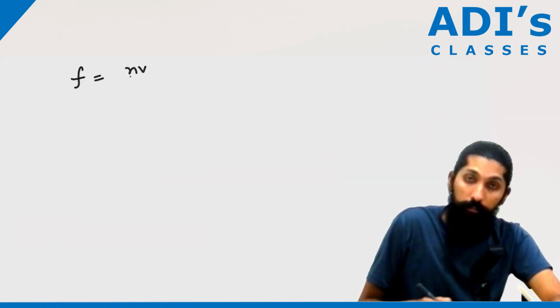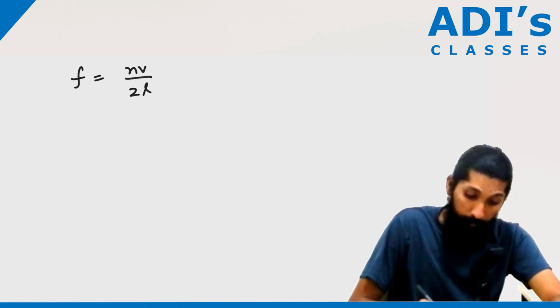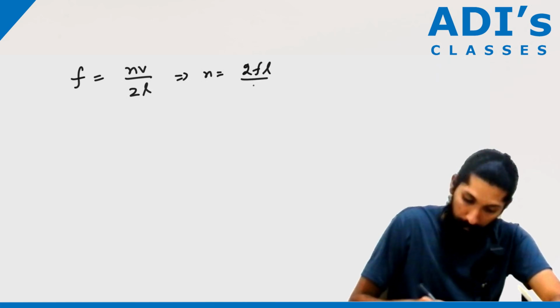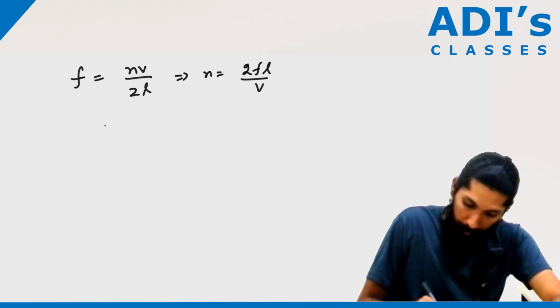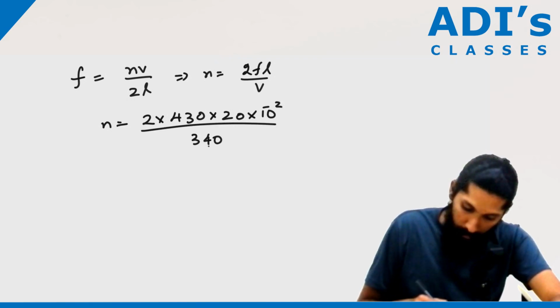What you get is f is equal to nv by 2L, isn't it? So, again you need the value of n. So, n is equal to 2fL divided by v, which gives us 2 into 430 into 20 into 10 to the power of minus 2 divided by 340, which gives you 0.51.